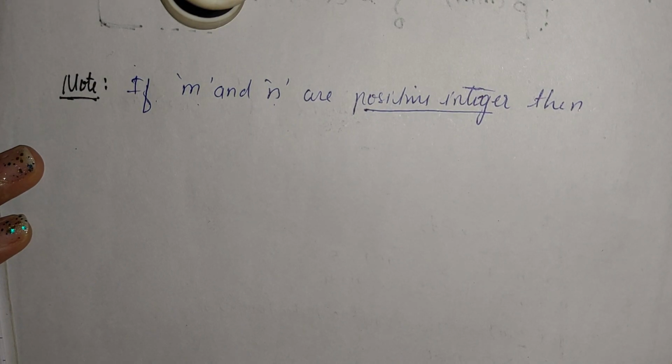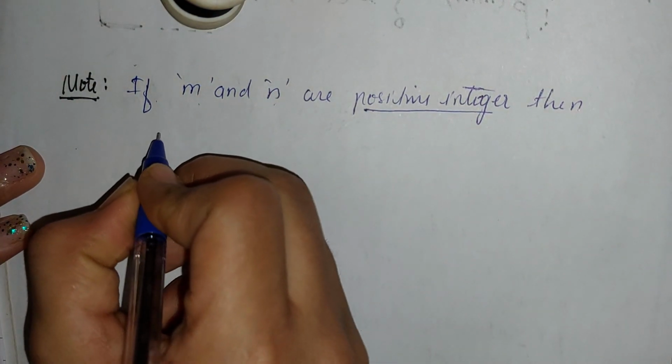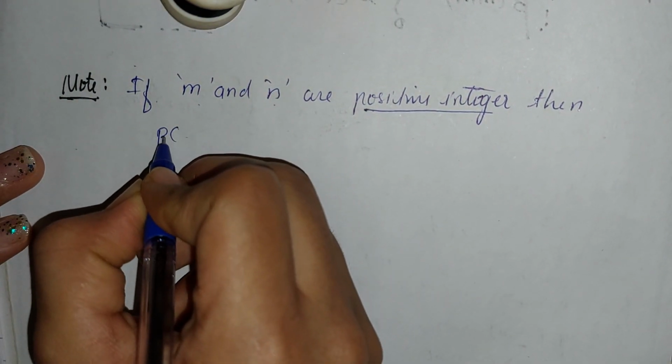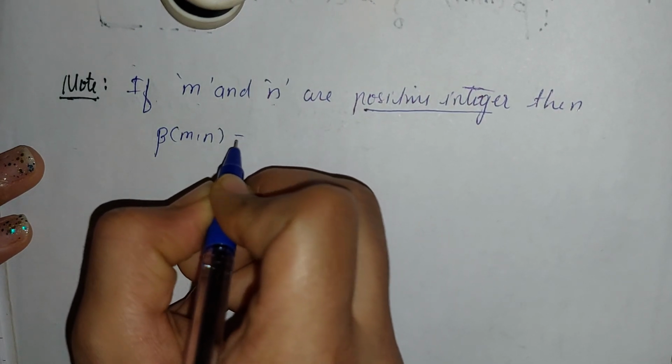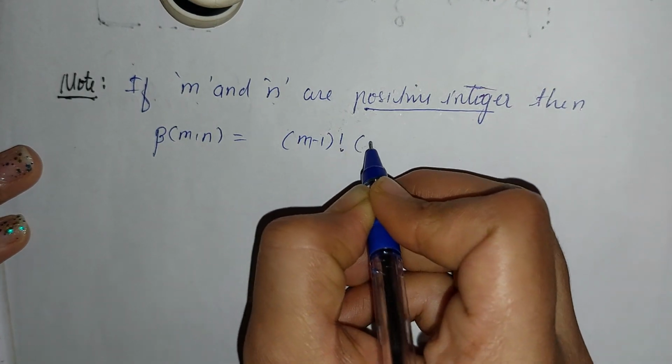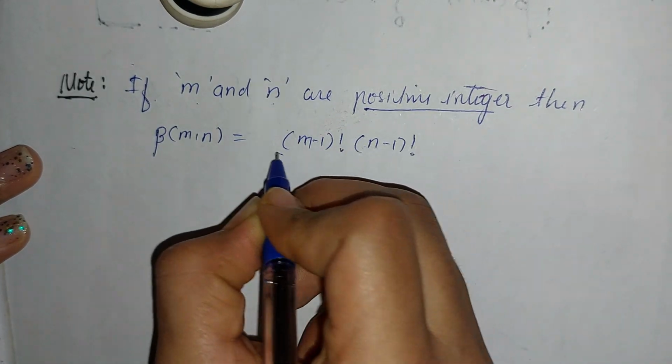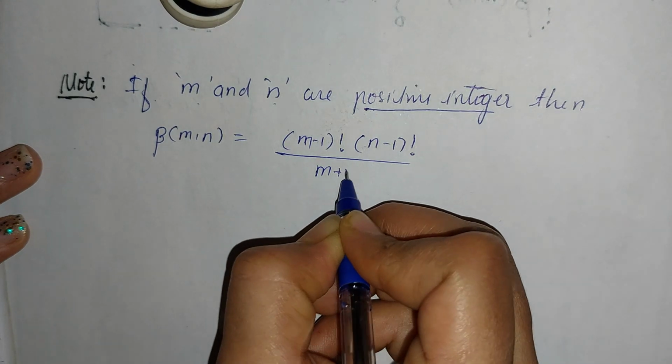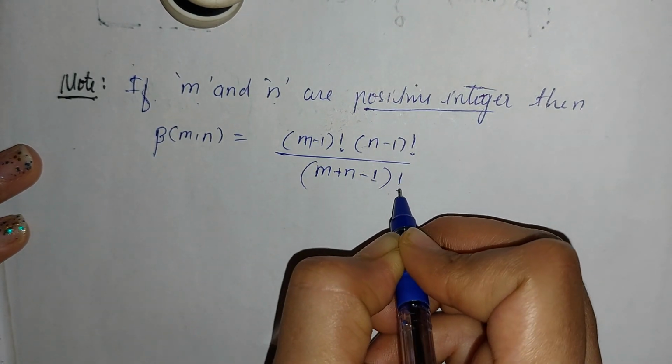They should be positive and they should be integers. Then beta of m comma n is given by (m minus 1) factorial into (n minus 1) factorial divided by (m plus n minus 1) whole factorial.